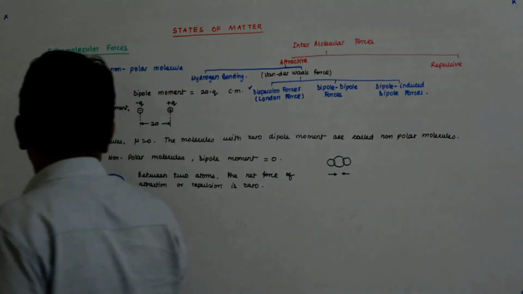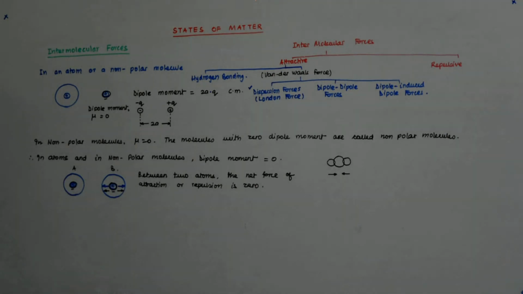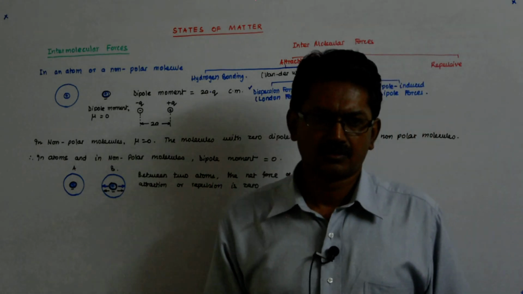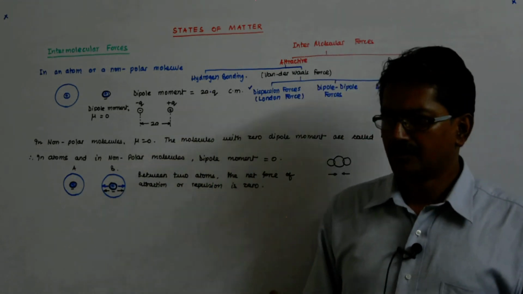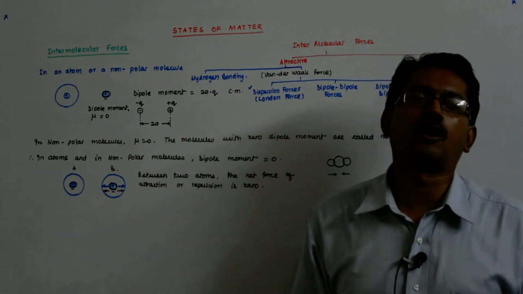Say this is A and this is B. Now let us say due to some factor, this electron cloud gets distorted.